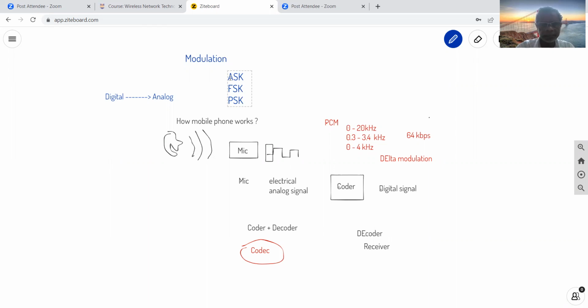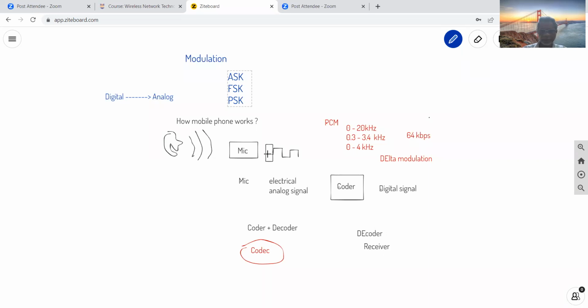ASK, FSK, and PSK. From these methods, your digital signal will be converted to an analog signal.